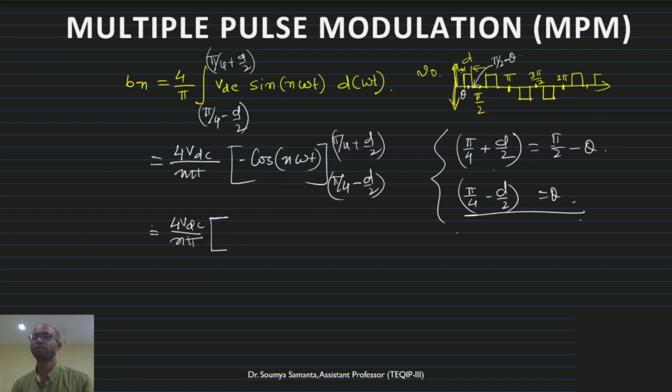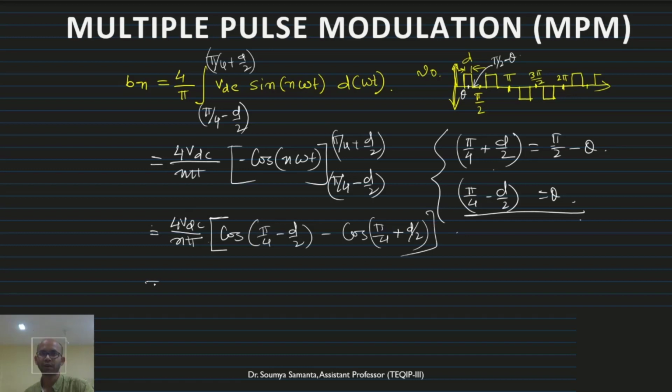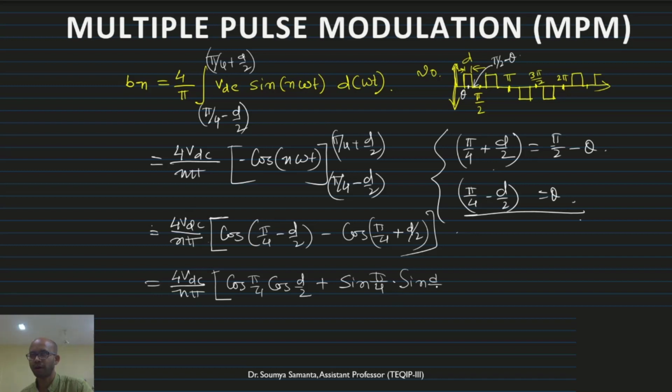So the bottom one I will consider first. So this is the cos of pi by 4 minus d by 2 minus cos of pi by 4, sorry, plus d by 2. That's all. So we have to derive this part. So this is 4 VDC by n pi, and here this will be cos of pi by 4 into cos of d by 2, plus sine of pi by 4 into sine of d by 2.